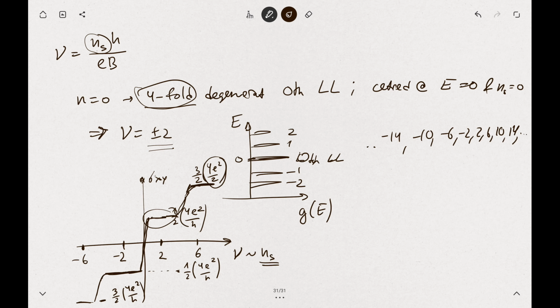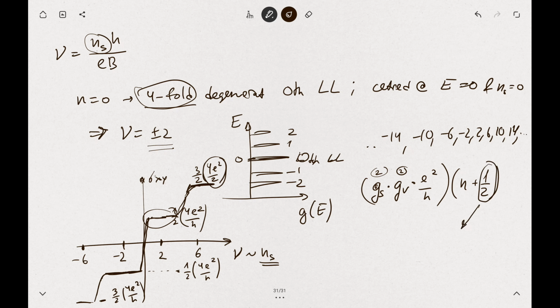Then you can write it down, so the quantization would be G, the degeneracy of spin times the degeneracy of the valley, so that's 2, times e squared over h, then times n plus 1/2.